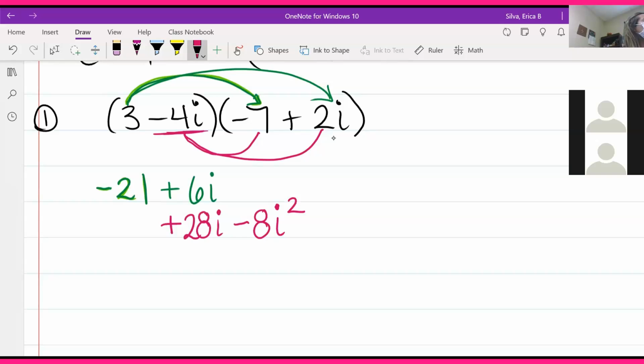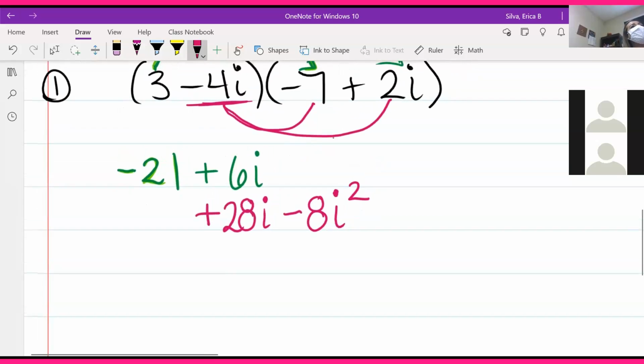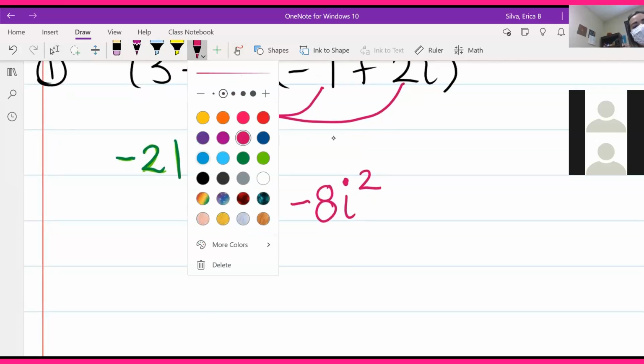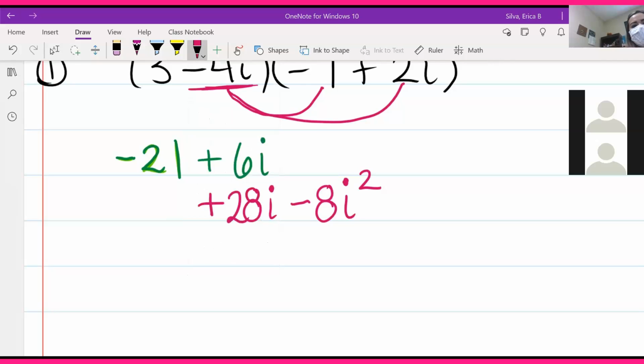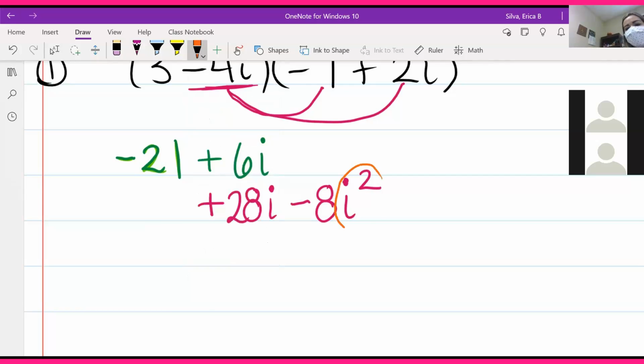Questions so far? This is where the magic happens. Are you ready? Here we go. Our next step is to change our i squared to -1. So I'm going to circle my i squared, because that's equal to -1.